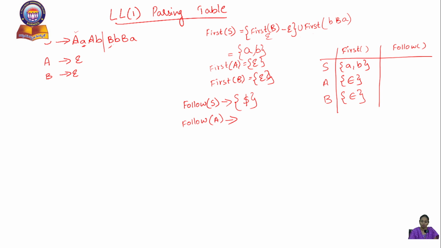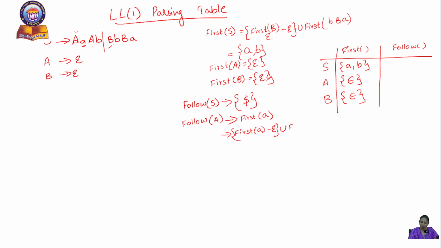So we have to consider the first of A. First of A is having the epsilon. So in such cases, what does it have to do? First of A minus epsilon union. After A, what is there? A is there.